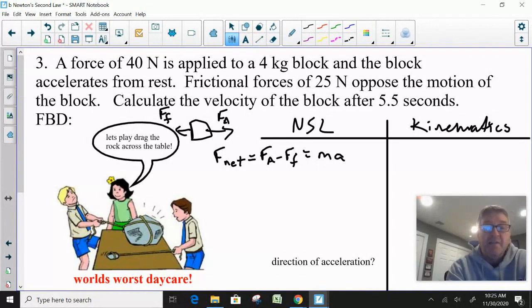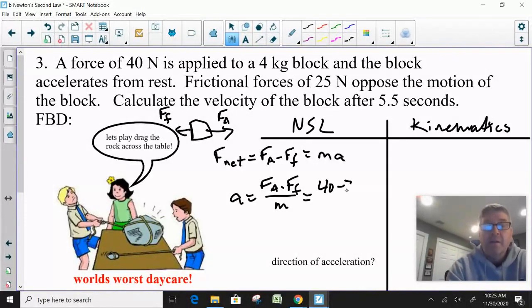It's not going to be balanced because they're different values. So it's going to accelerate. So I can calculate the acceleration by saying it's going to be the net force, which is FA minus FF over M. The applied force is 40. The frictional force is 25. And the mass of this rock is 4.